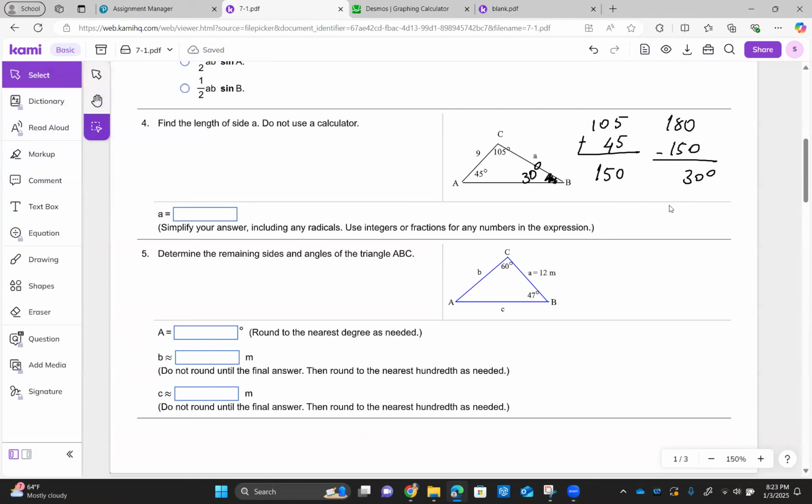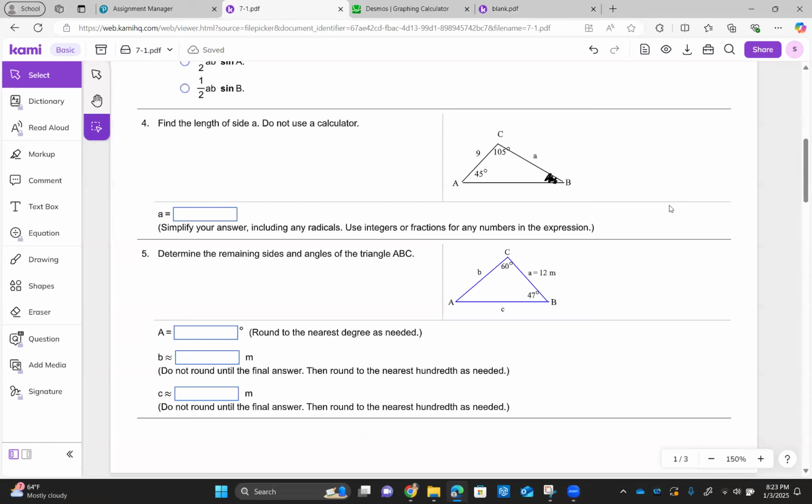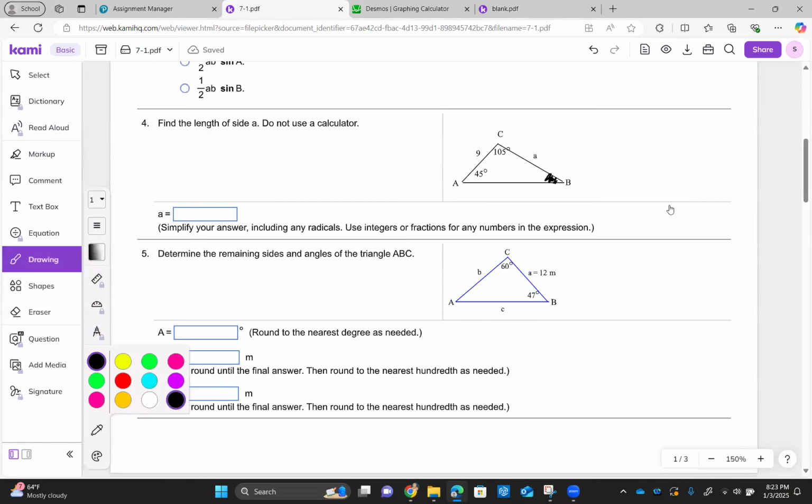Once we know the missing angle in the triangle, we can set up our Law of Sines. This is the 30 degrees we need here.